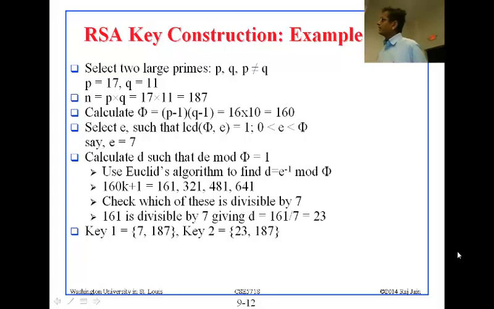Well, it turns out 161 is actually a multiple of 7, so that's lucky. 161 is divisible by 7, giving D equal to 23, so you will get 23 as the inverse. Okay? Once you have 23 as the inverse of 7, then your first key is 7, 187, and the second key is 23, 187.